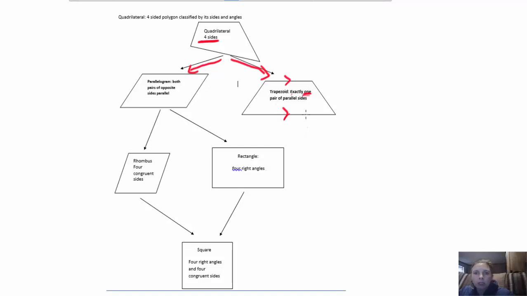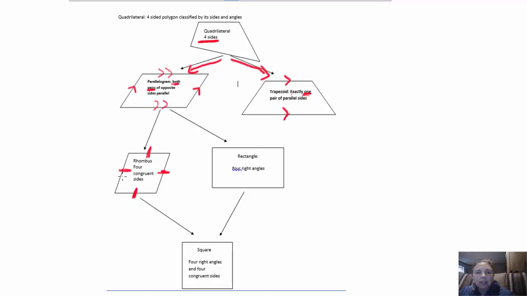When you get into parallelograms, both pairs of opposite sides are parallel. So this side is parallel and so is this side. Then from parallelograms we can go down. A rhombus has 4 congruent sides.